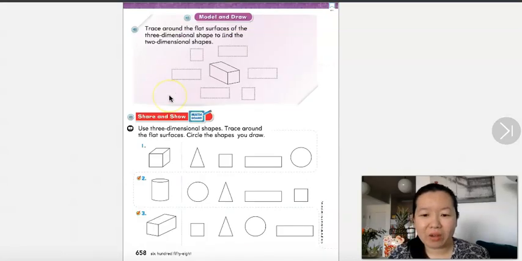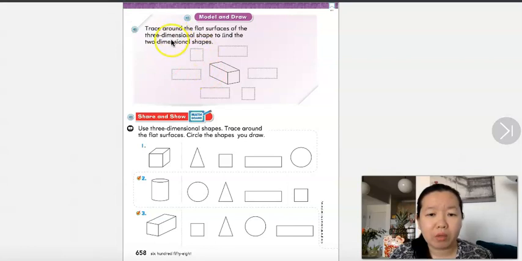All right, so now let's move on to the next page, page 658. It says here, trace around the flat surfaces of the three-dimensional shape to find the two-dimensional shapes. This is a rectangular prism, and they already have all the faces given to you. You just have to trace it, and we're going to do it together. So let's trace this one. What shape is this, guys?